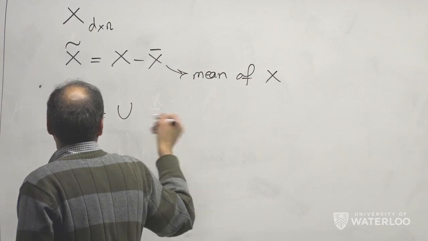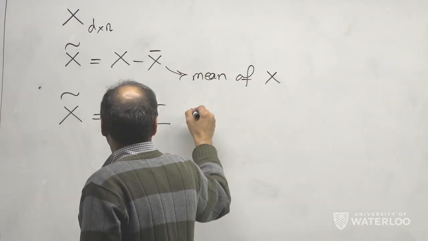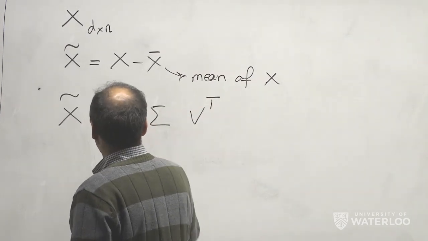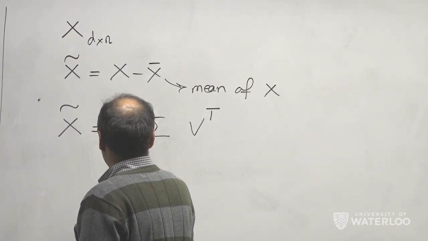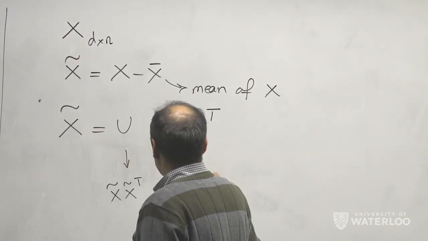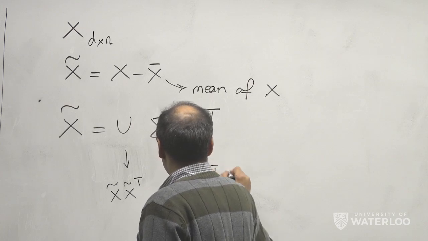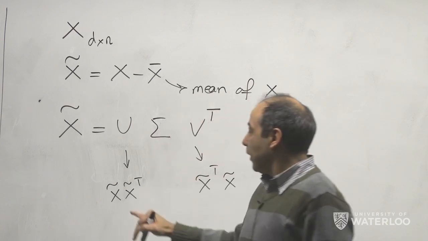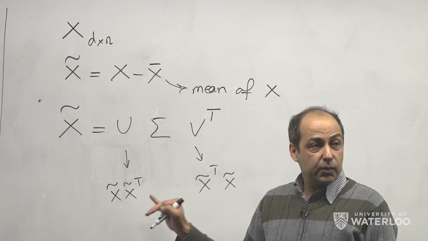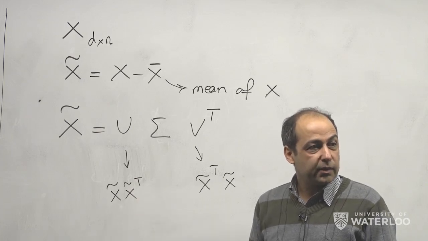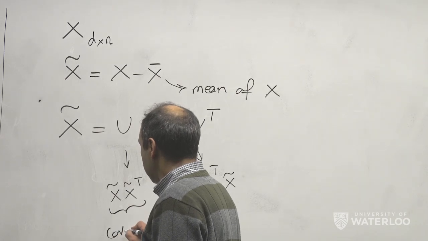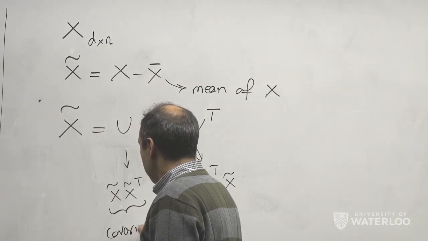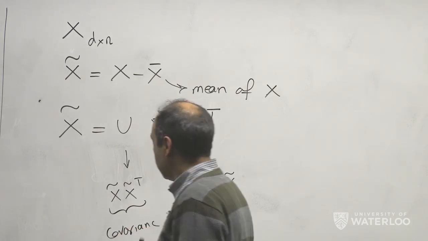It's going to be U sigma V transpose. U is the eigenvectors of X tilde X tilde transpose, and V is the eigenvectors of X tilde transpose X tilde. X tilde X tilde transpose is the sample covariance matrix.